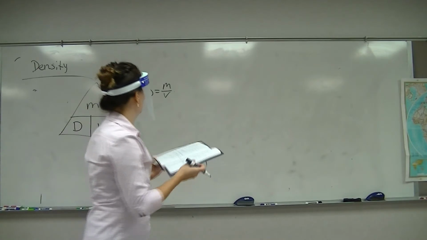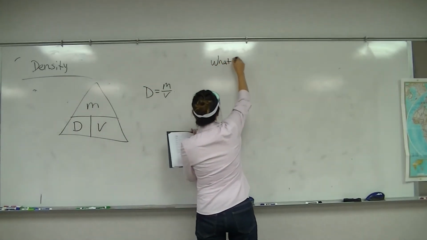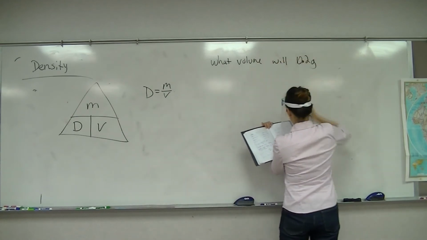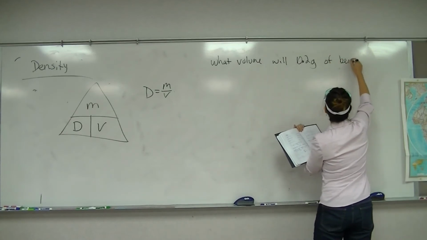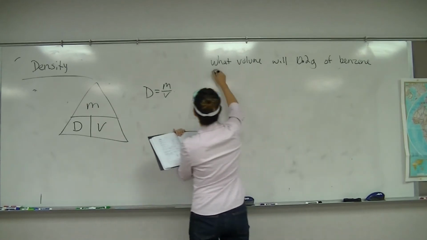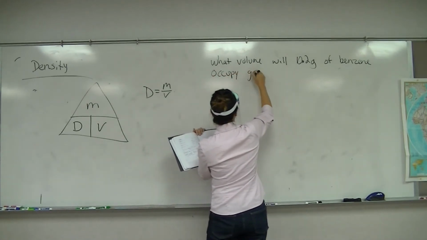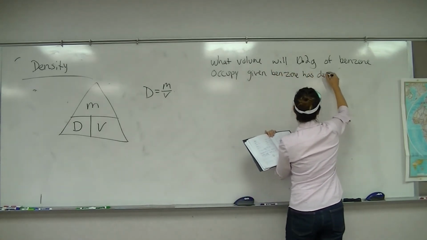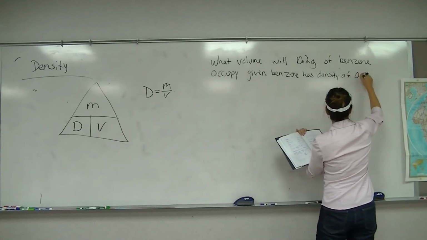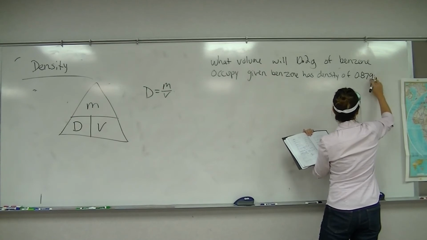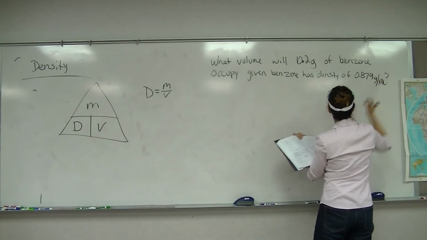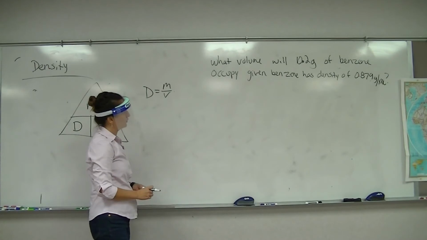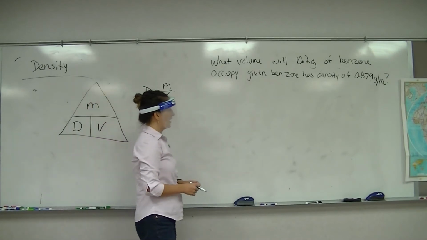So let's start with volume. What volume will 10.2 grams of benzene occupy, and it gives us the density.